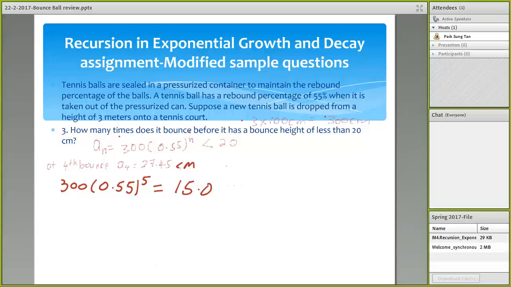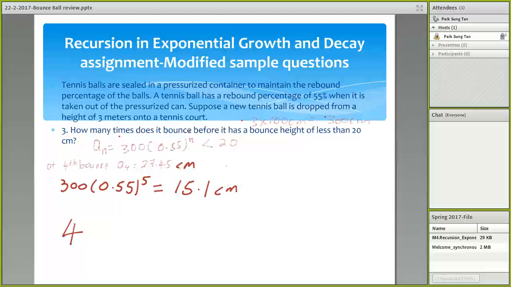And then I calculate it's 15.1 centimeter.